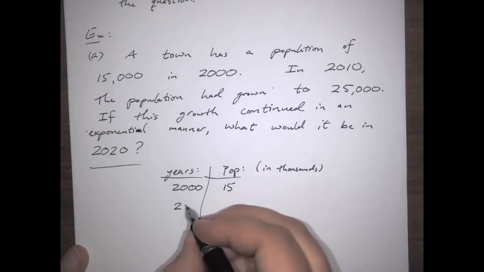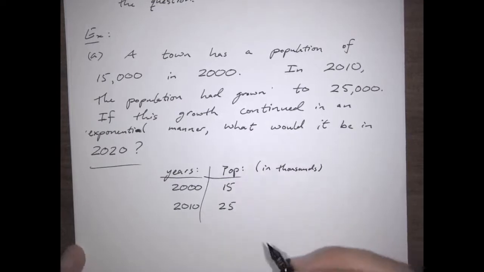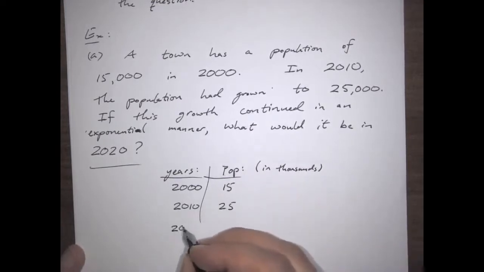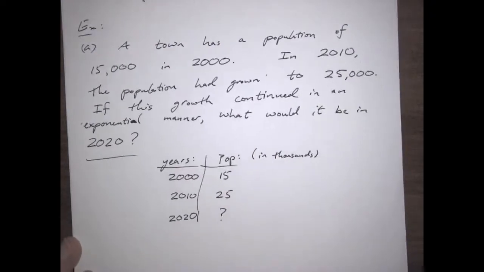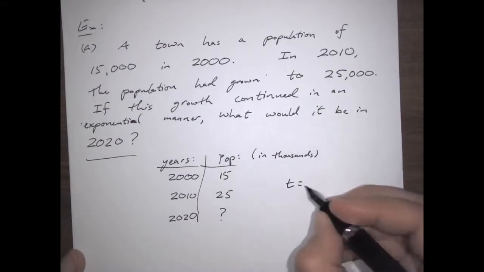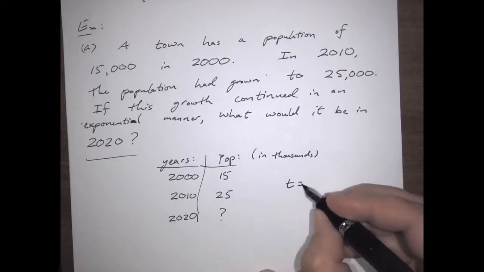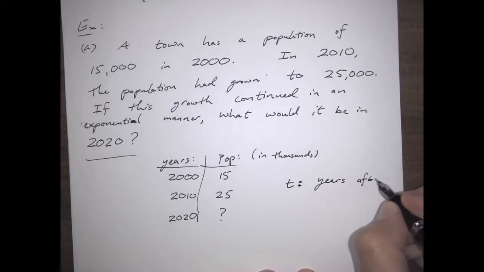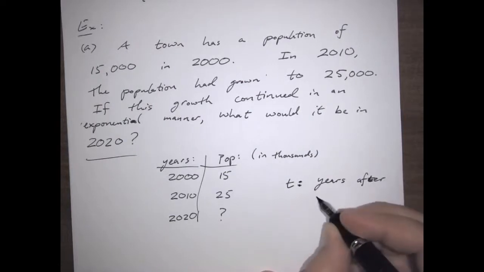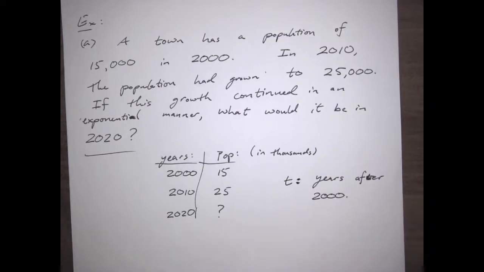In the year 2010, the population was 25,000. In the year 2020, that's what we are out to find out. Now, let's say we can choose anything we want for what the t represents, and we can say the t represents years after 2000. It's often convenient to take a convenient starting point as the initial value.